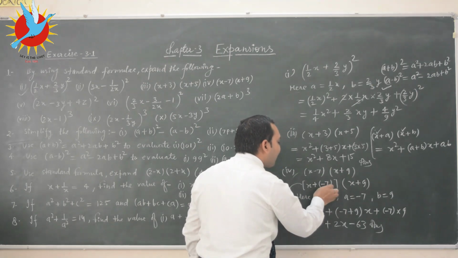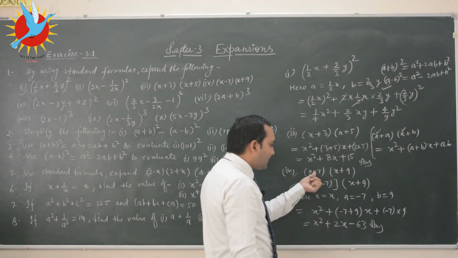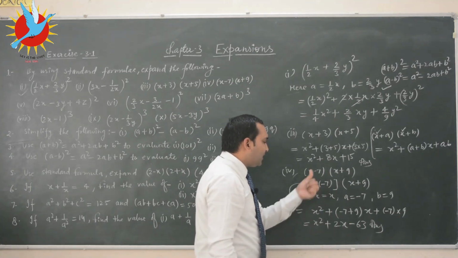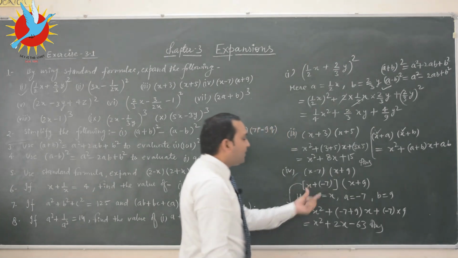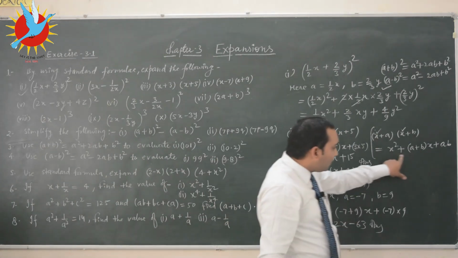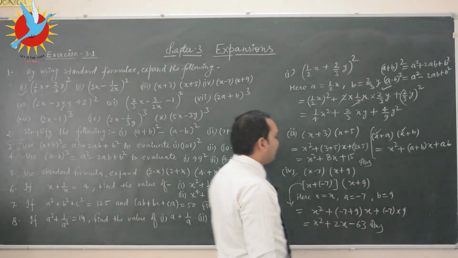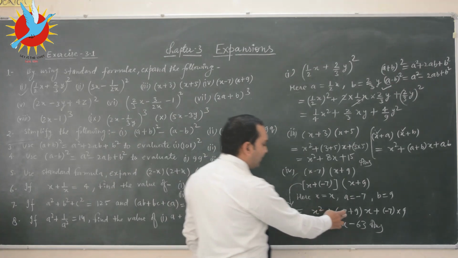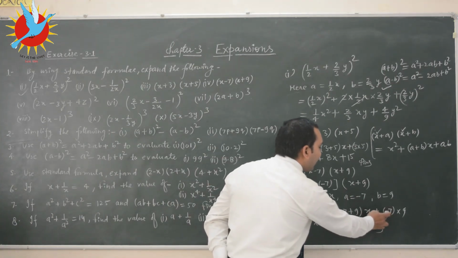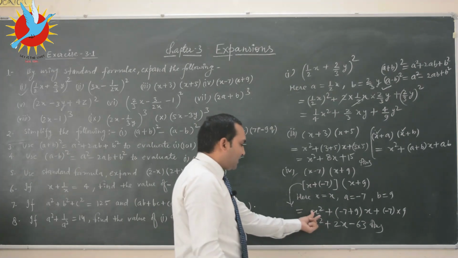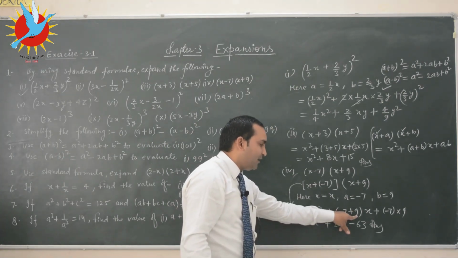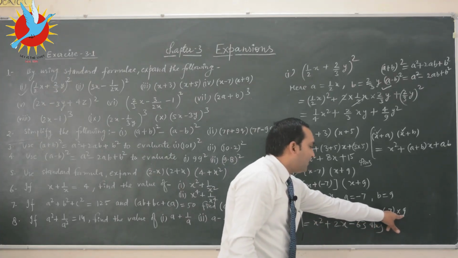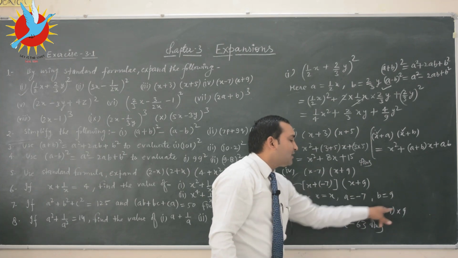So x minus 7 we can write x plus minus 7 and x plus 9, and then use the algebraic identities, that is the standard formula x square plus a plus b into x plus a into b, and simplify, that is x square plus minus 7 plus 9, so 9 minus 7 which is equal to 2 into x, minus 7 into 9, 9 sevens are 63.